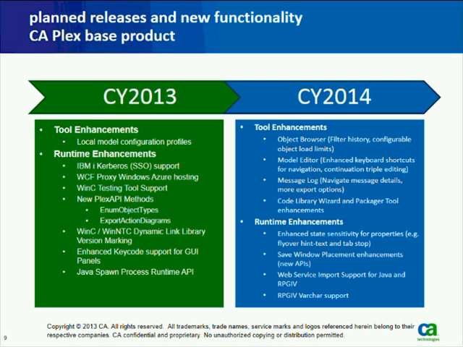On the runtime side, we have our WCF proxy hosting, which we introduced at Plex 7.0, and the next logical step for that is being able to actually host those WCF runtimes in Windows Azure as well, so that we can actually host Plex applications in the cloud. So it's just really going to be a slight change to that, and we really see those changes as being incremental to slowly start to support some of the more advanced Microsoft infrastructure changes that are coming down the pipeline.